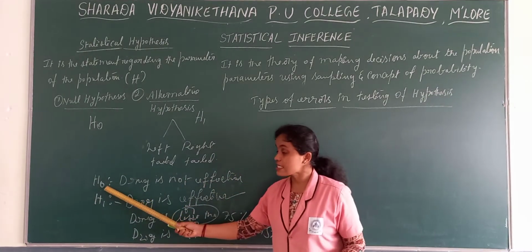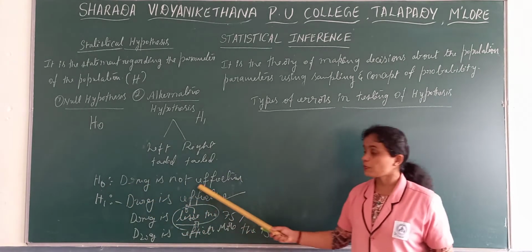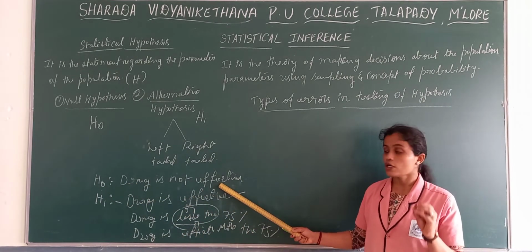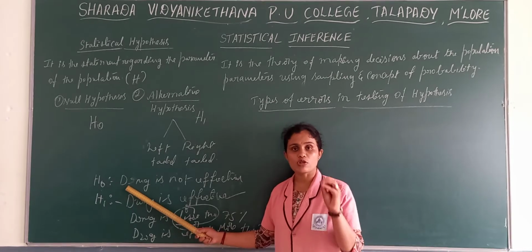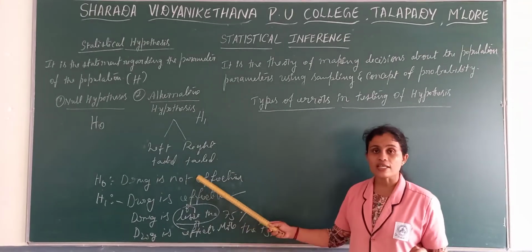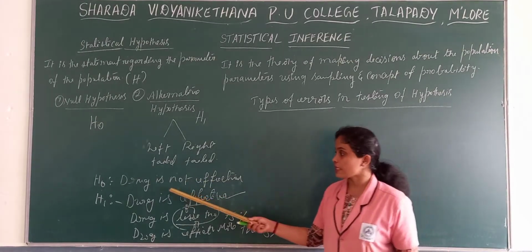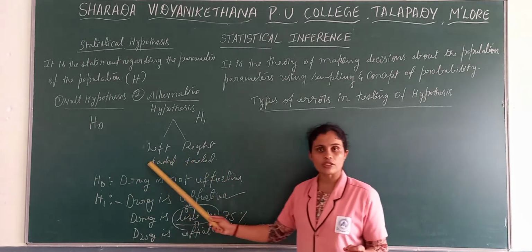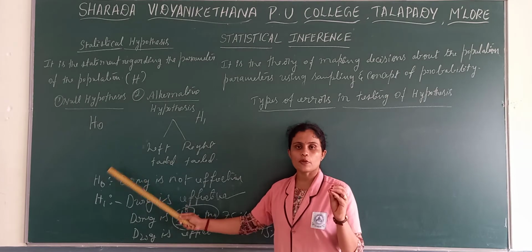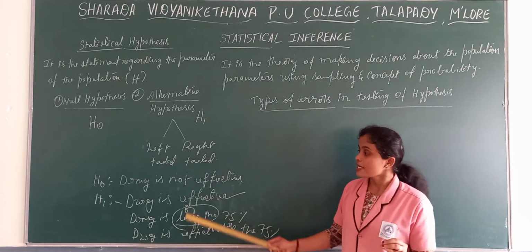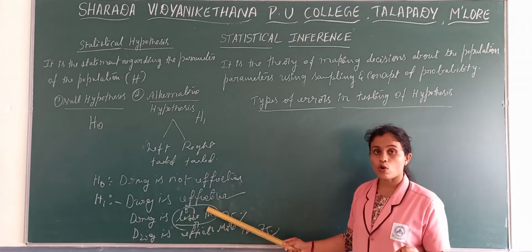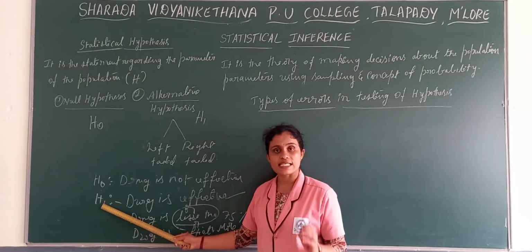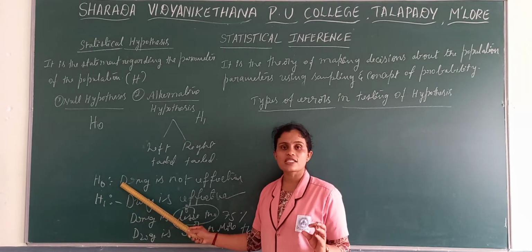The null hypothesis statement is set mostly for the purpose of rejection. After conducting a particular experiment, we need to see whether it is effective or not. If we find that the particular drug is effective, then what we set as alternative hypothesis is true, but the null hypothesis is not true.